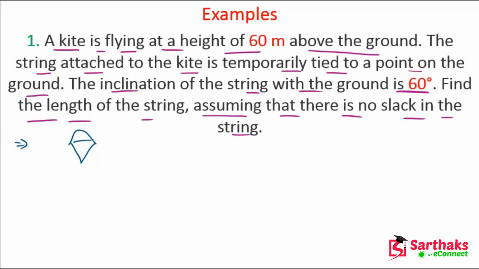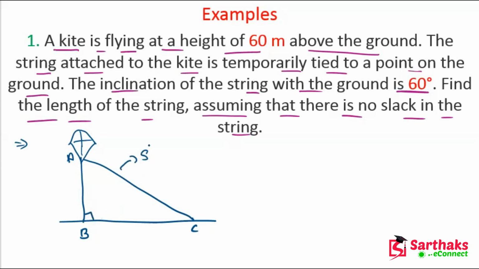This is our kite, and here is our ground. This string is attached to the ground. Now this is A, this is B, and this is C. This is 90 degrees. This is our string.